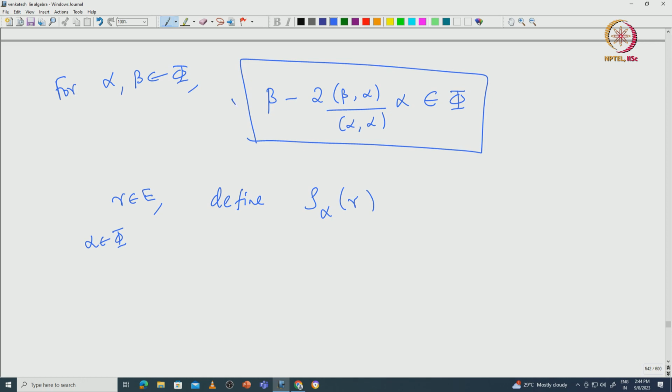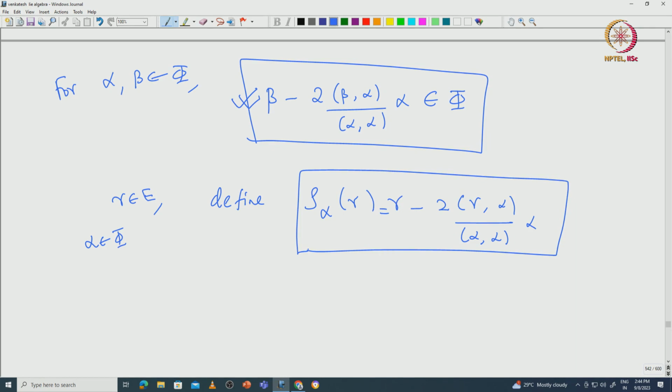It is given by gamma minus twice the inner product of gamma and alpha divided by the inner product of alpha with alpha, times alpha. Now look at this formula. It definitely defines a linear transformation on E. It is not hard to see this is indeed a reflection with respect to alpha.